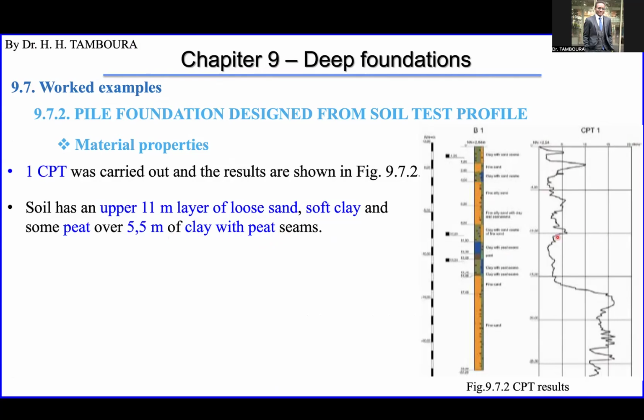So it means you have 11 plus 5.5, around 15.5 meters of soft ground.